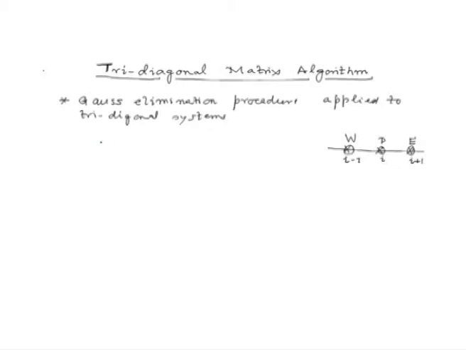In shortened form we write this equation as A W I for a generic scalar quantity phi, I minus 1, plus A P I phi of I, plus A E I phi of I plus 1 is equal to B I, where I varies, let us say, from 1 to n. So, this is our equation.